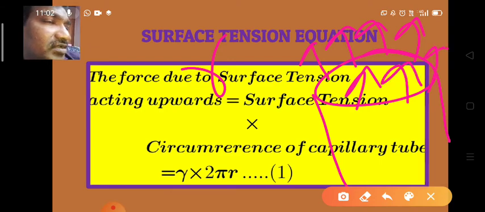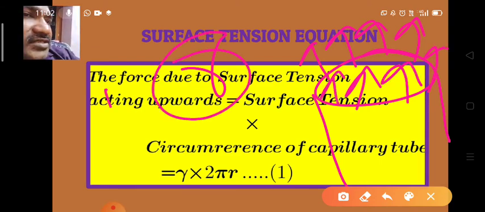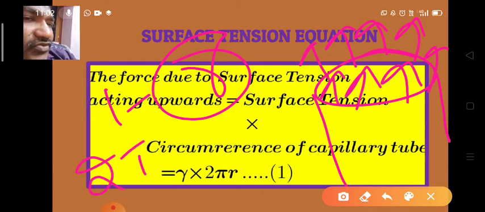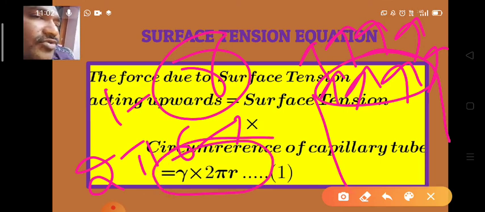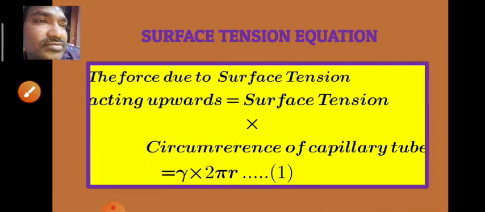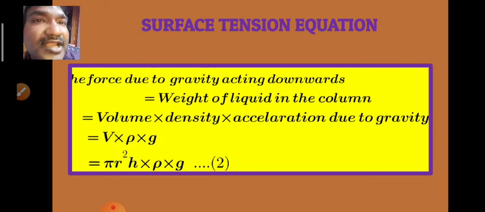So if the force acting on the unit length is gamma, then what is the force acting on the 2 pi r length? That means we get gamma into 2 pi r. So this is the total surface tension acting on the liquid in the capillary tube. So this is equation 1. The surface tension acting upwards is gamma into 2 pi r. r is the radius of the capillary tube.